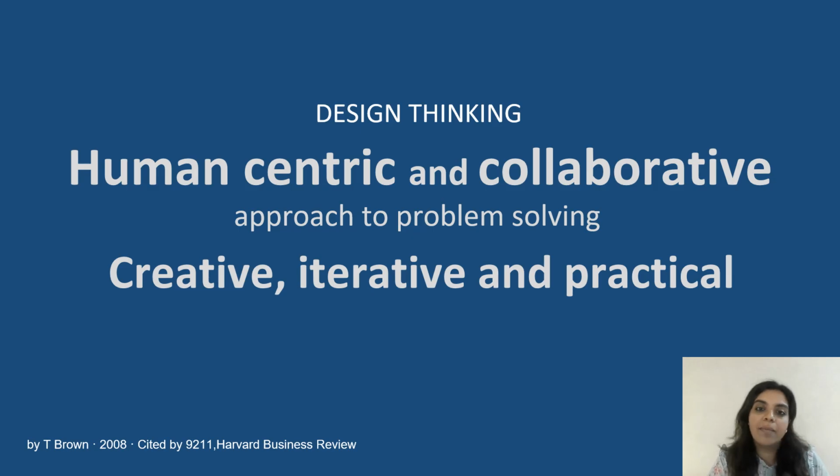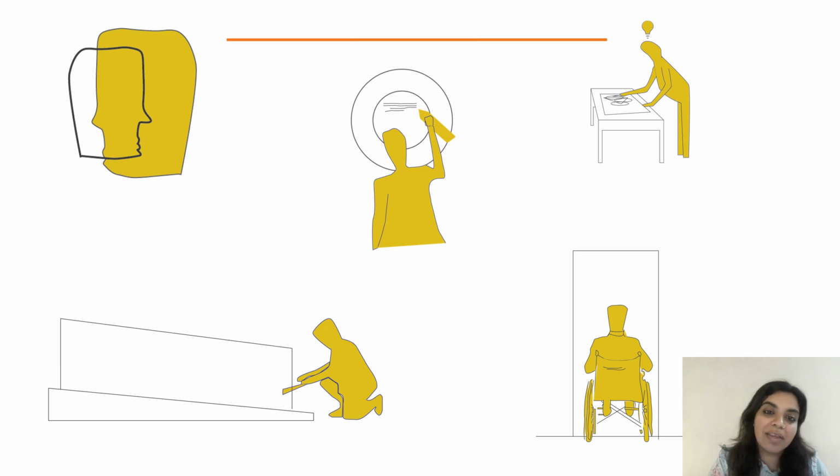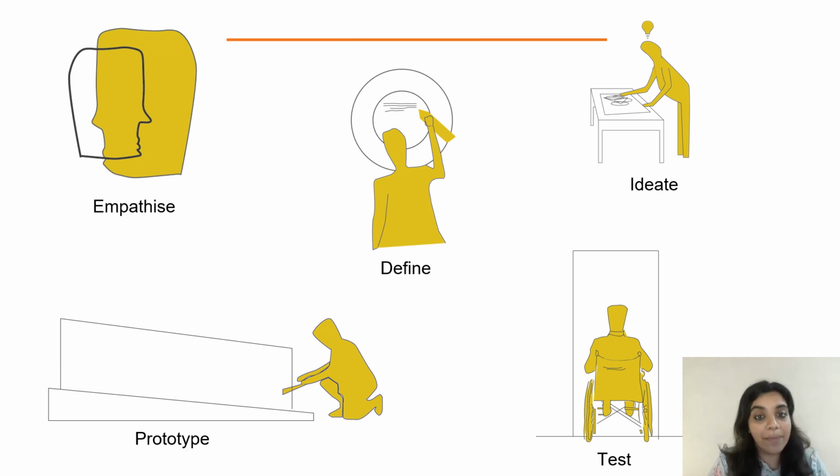Design thinking encompasses the cognitive, strategic, and practical approaches employed by designers during the human-centric and collaborative design process. The steps iterated in the design thinking process are empathize, define, ideate, prototype, and test.